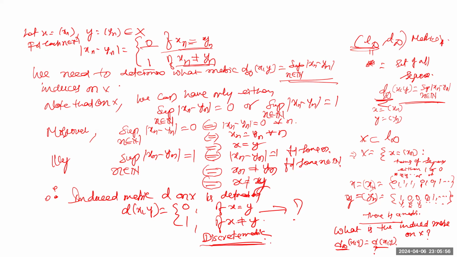So this is my discrete metric, which is obtained from d infinity by the nature of the set X. That is the example we uploaded in the tutorial sheet, right?